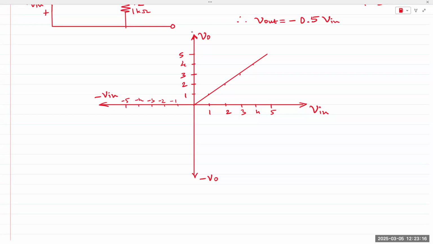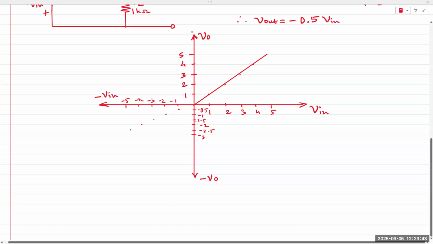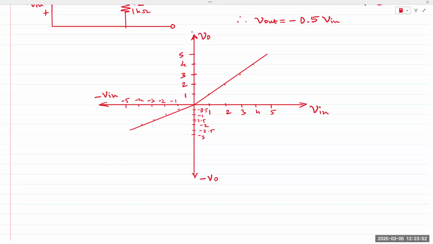My output, V out, would be -0.5, -1, -1.5, -2, -2.5, and -3. So the first one would be here, the second here, the third here, the fourth here, the fifth here. The output should look something like this. V out is half of V in.